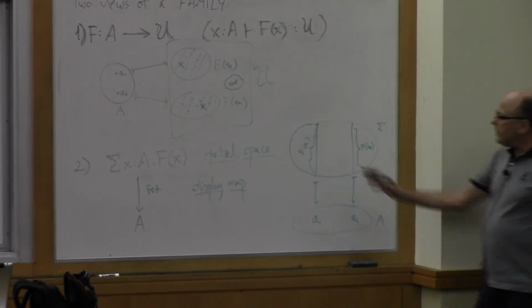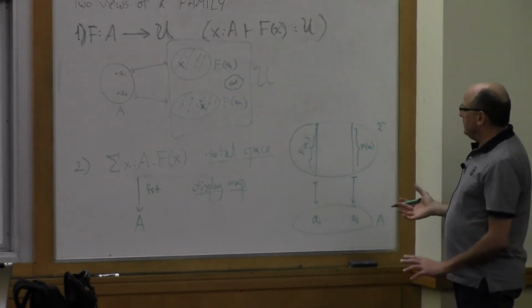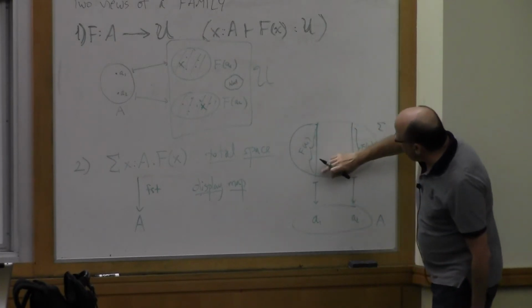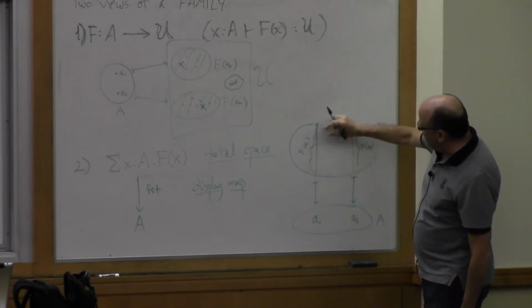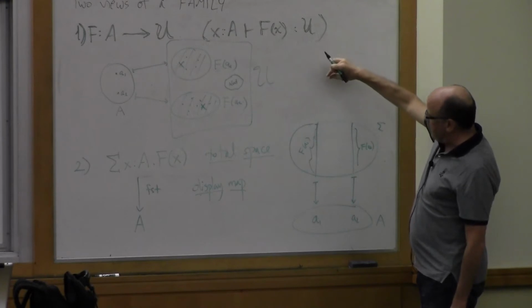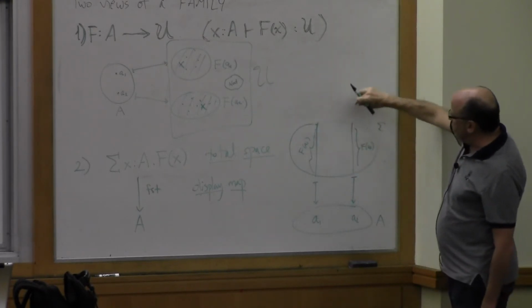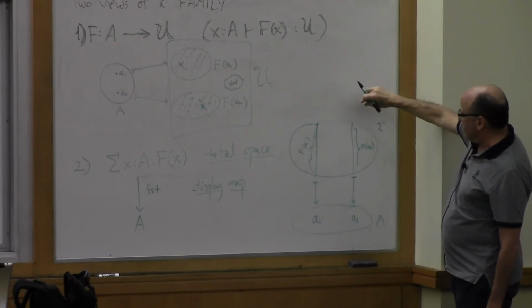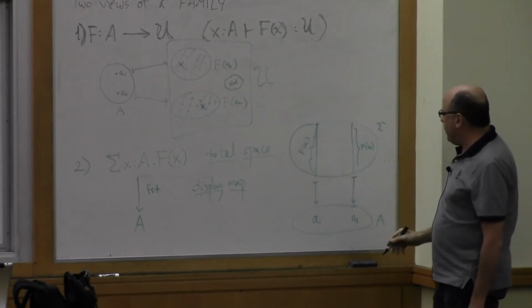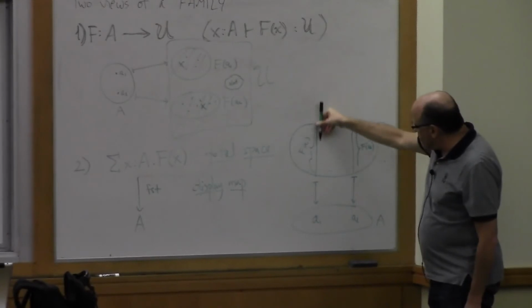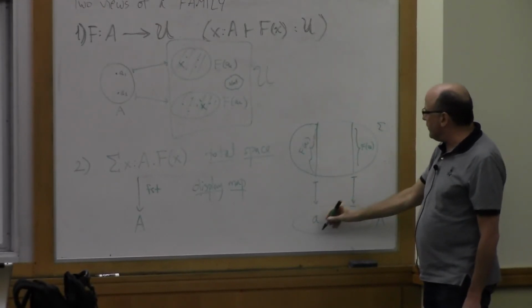In other words, we can organize visually the total space in such a way that all the things that are labeled A1 are put on top of each other in this kind of stack. And all the ones that are labeled A2 are put on top of each other like that in a stack. And then the idea is that this line lives over A1.